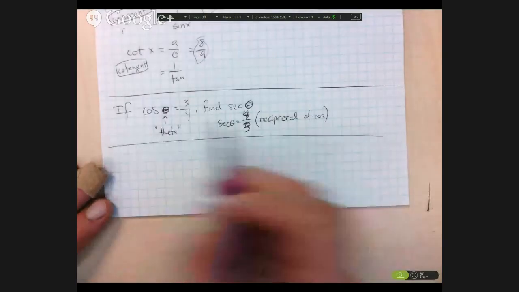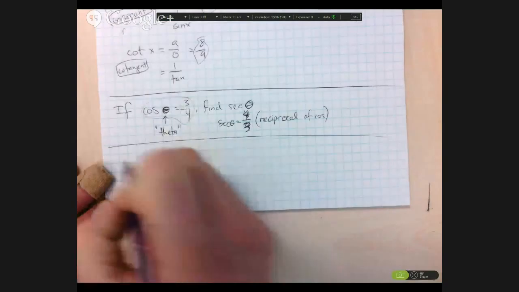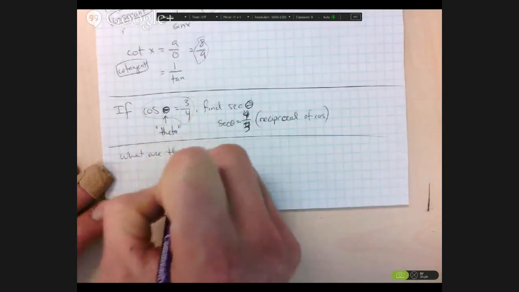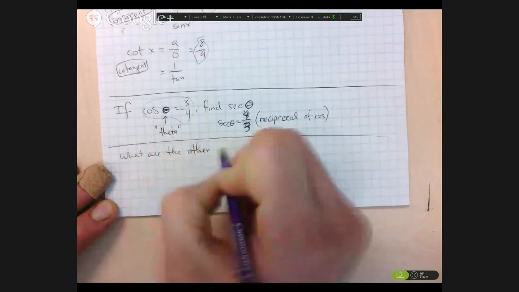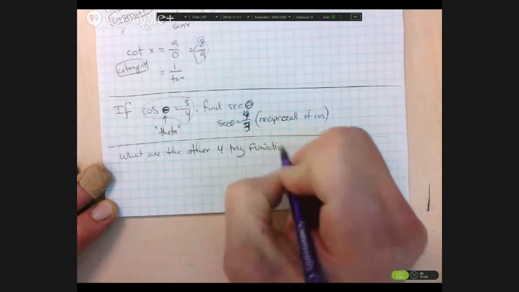Okay, can you take this information and figure out the other 4 trig functions?